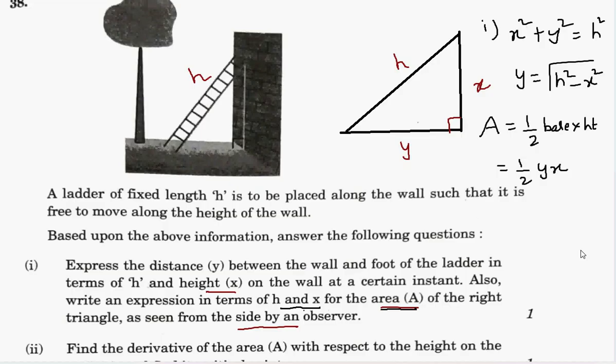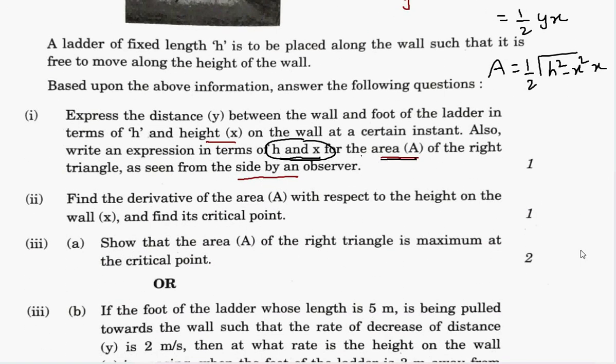They are asking to express the area in terms of h and x. So this y we have to replace. So area is half root of h square minus x square, then x. This is our answer.